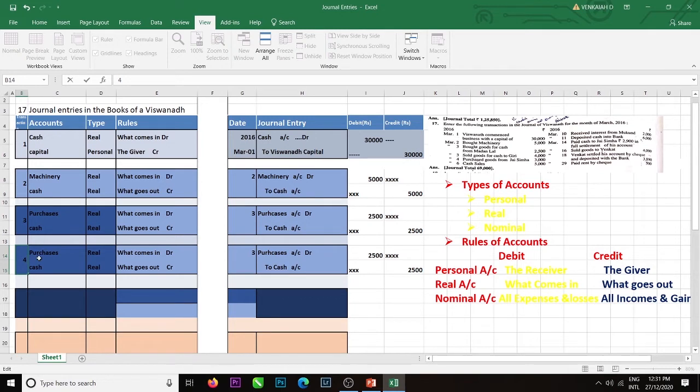for sales. Sales means goods, a real account; cash is a real account. Goods are going out. What goes out will be credit. And cash is coming in.